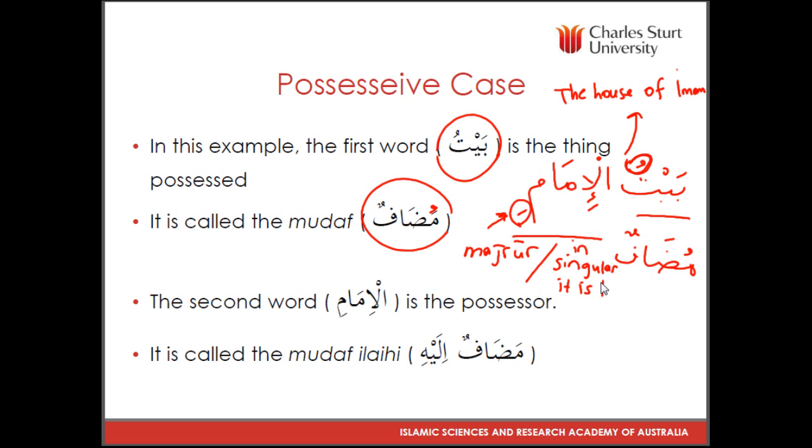Why I am focusing on and underlining this rule: because in the jam' or plural, we will learn that one later on. But keep in mind, when we say majroor, up until now we are not talking about the plural form. So when we say majroor, we mean kesra at the moment. Baytul Imami. We cannot say Bayt al Imami at the moment.